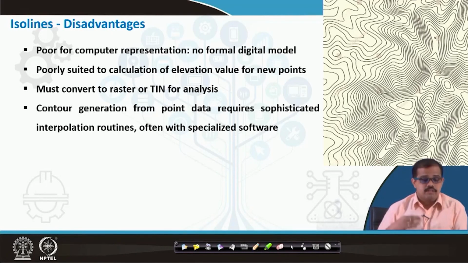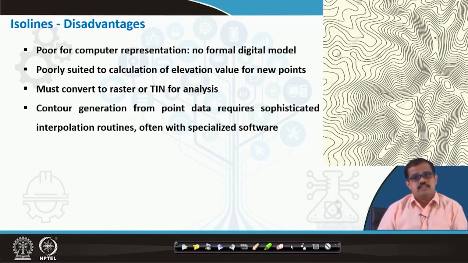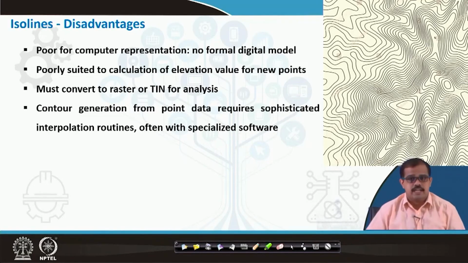Then you must convert to raster or TIN for any kind of analysis, otherwise you cannot do any analysis using an isoline. Contour generation from point data requires sophisticated interpolation routines, often with specialized software. Nowadays most software can handle it. When I say specialized software, I mean software specialized in GIS, so GIS tools and science.